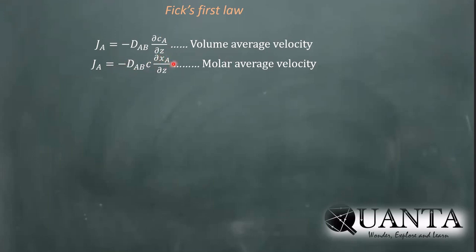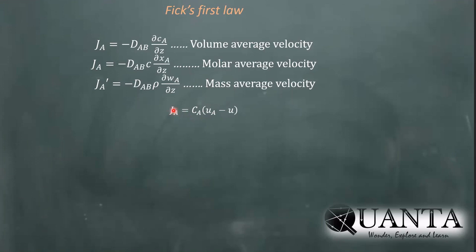So this equation is based on the molar average velocity, which we know is the weighted average of the component velocity based on mole fraction. Similarly, we have another form of the same equation using the mass average velocity, where instead of concentration gradient, we have the gradient of the mass fraction of the components.